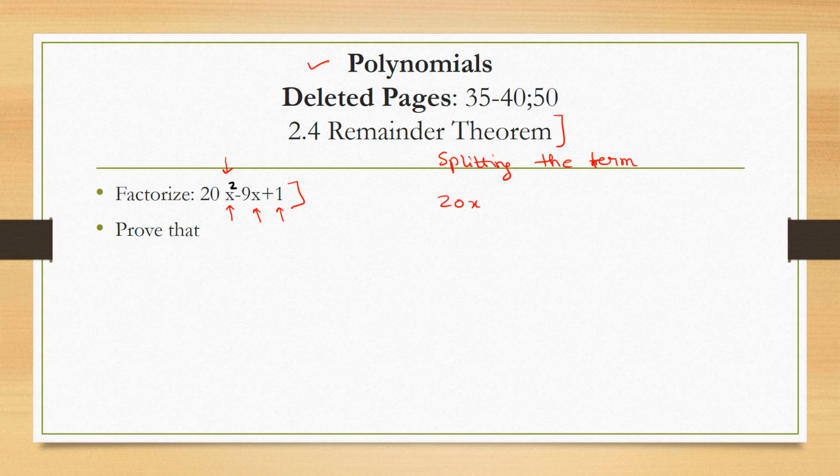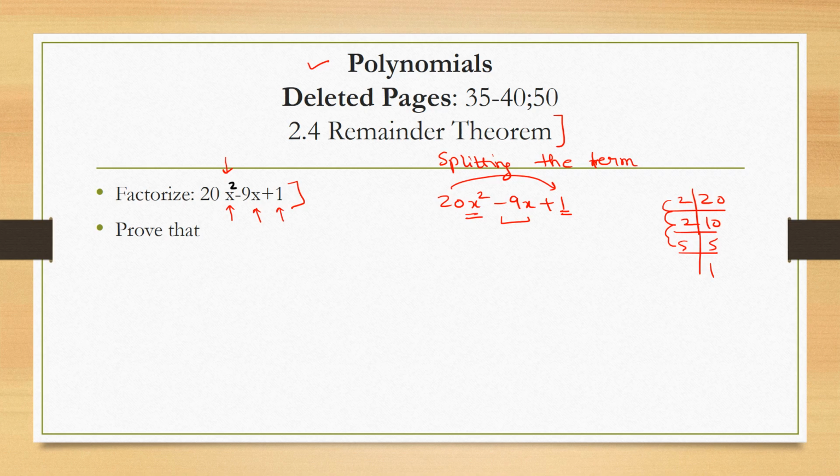Now what you have to do, always multiply the coefficient of the highest degree with the constant term. So 20 times 1 is 20. Now take the LCM of it. 2 tens are 20, 2 fives are 10, 5 ones are 5. Now you have to arrange these factors, using addition and subtraction, so that you get minus 9.